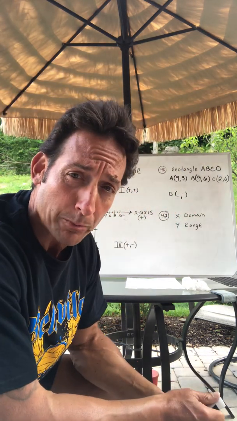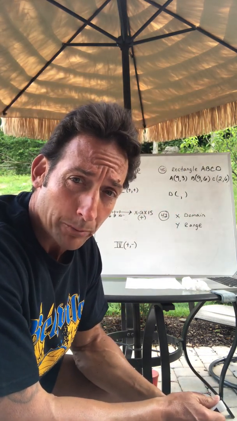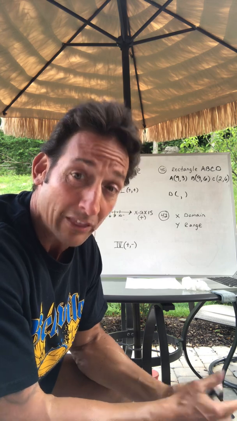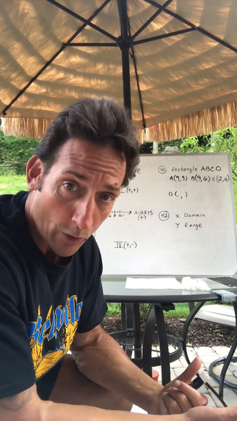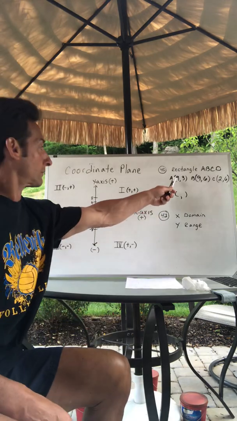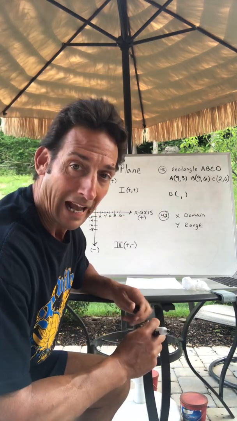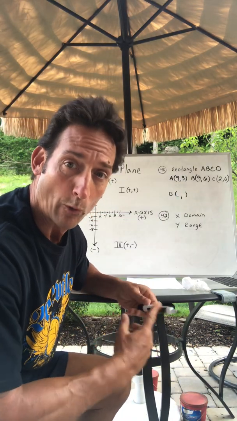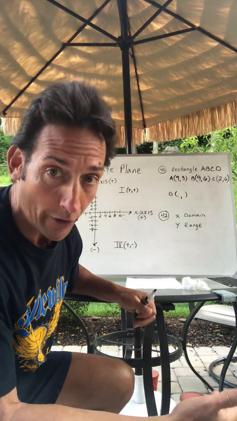So when you look at the first problem that we're doing, where you have to plot the rectangle, they ask you to plot the vertices, the points, the corners. I want you to label x and y. X comes first and then y. Alphabetical order, ordered pair. Pretty cool, right?